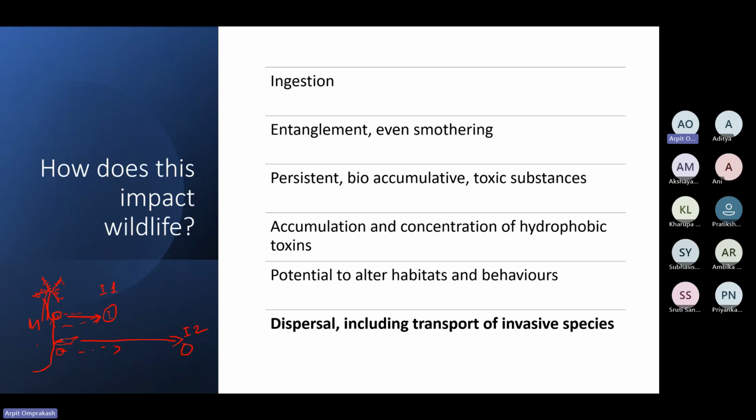So after the introduction of plastics, or if there's a lot of plastic around, for the organism to go from the mainland to island two, it will go there and it will basically invade that area. Right. So this is also another impact that plastics have on wildlife.